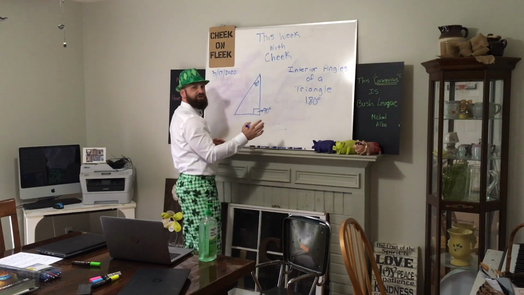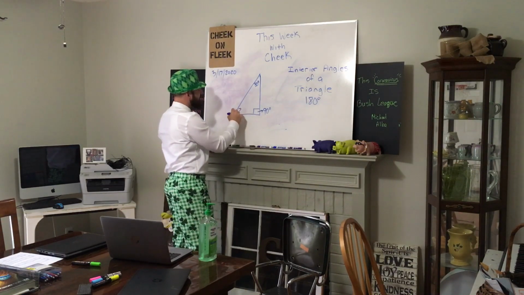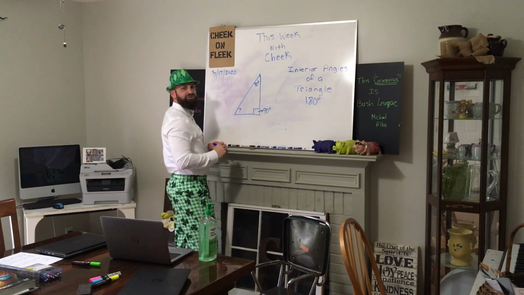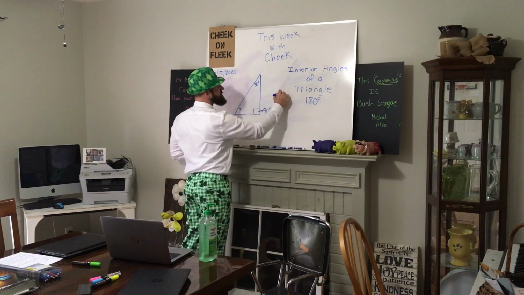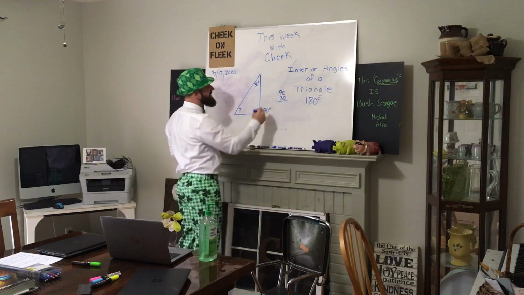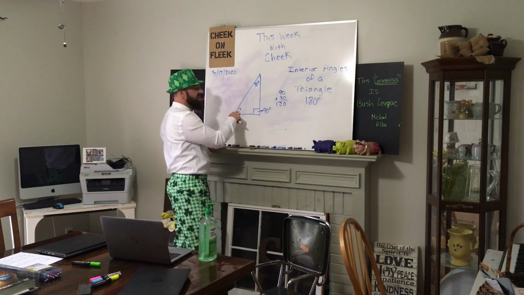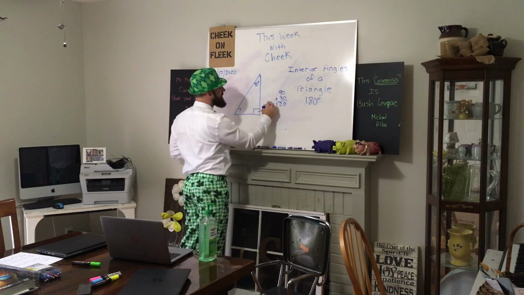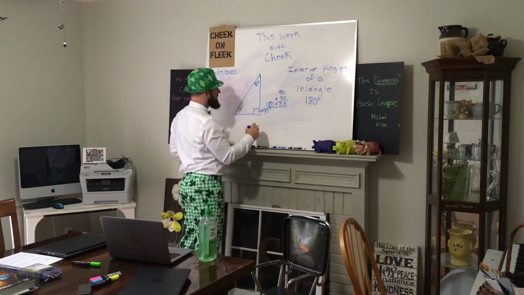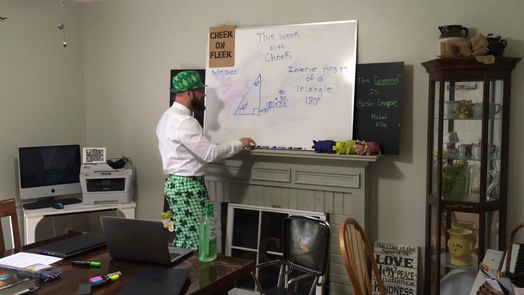So that's 90 degrees. The other interior angle is 30 degrees, and then I'm being asked to find this missing angle measure. So once again, I'm going to add up the two interior angles that I've been given. That gives me 120. And then to find the other missing angle measure, I simply subtract it from 180. And that'll give me 60 degrees. It's a pretty basic problem.